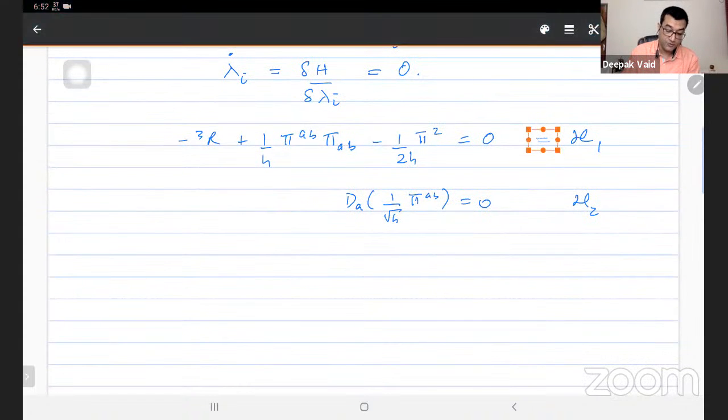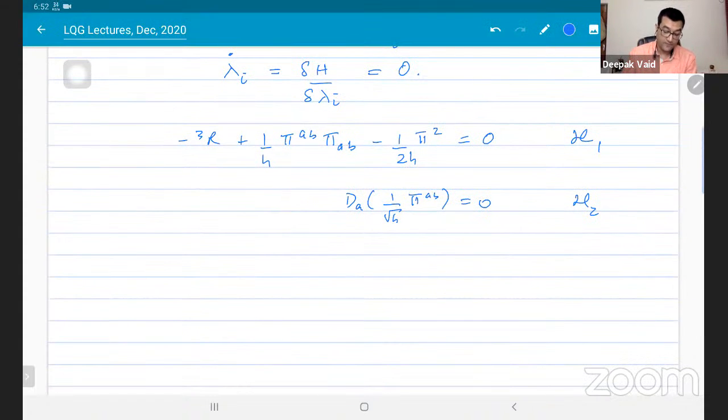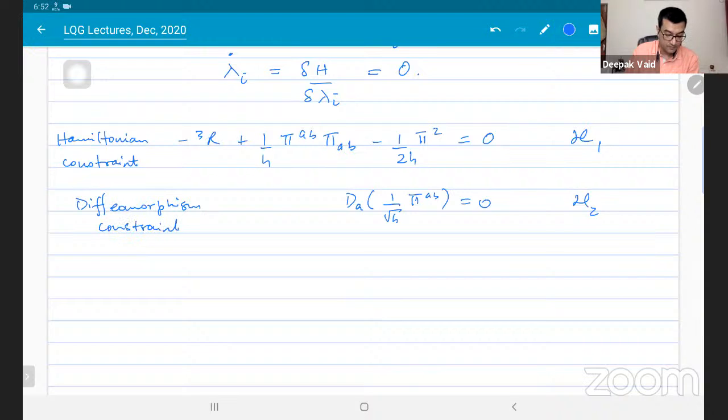So we get these two constraints. This first constraint is what is called the Hamiltonian constraint, which I will tell you in a moment why it's called so. And the second constraint is called the diffeomorphism constraint. Okay.